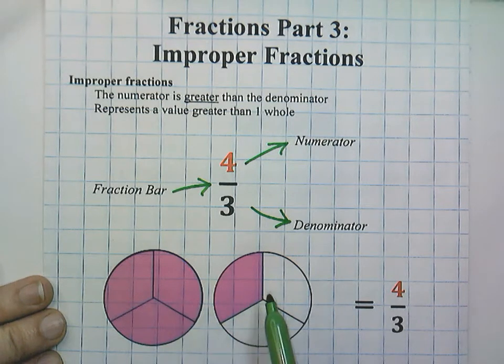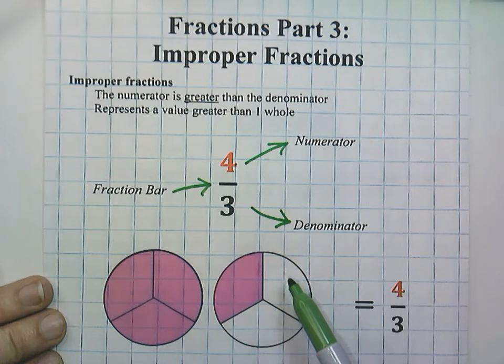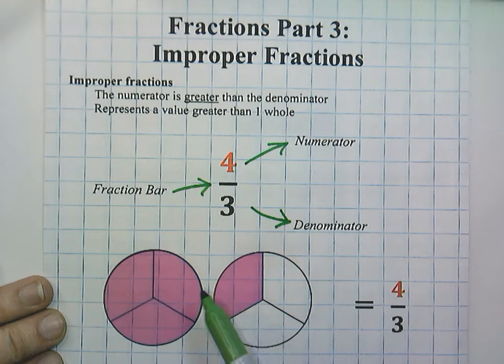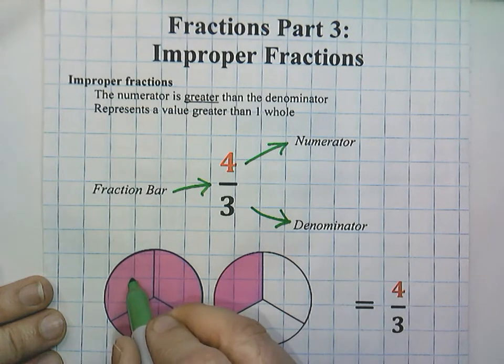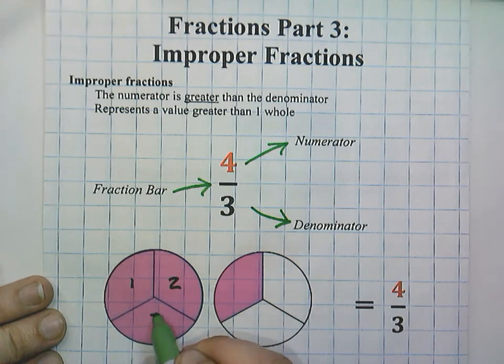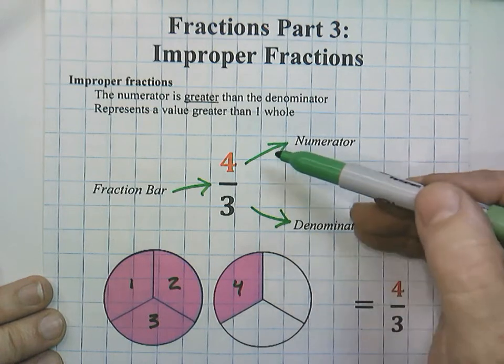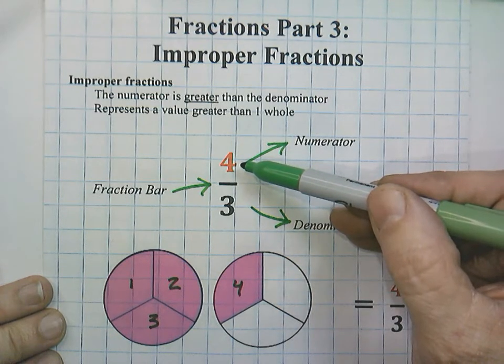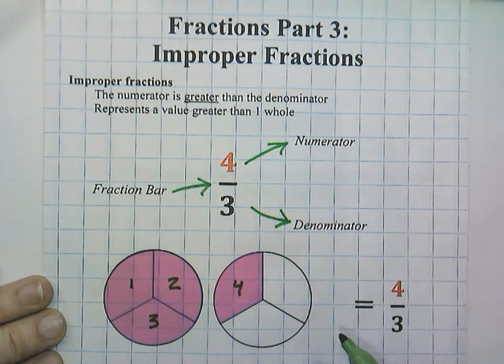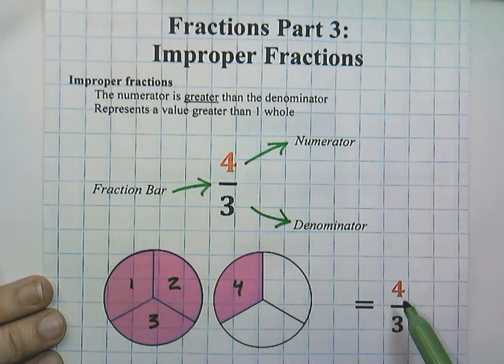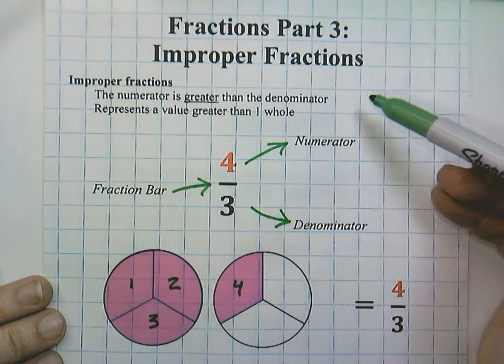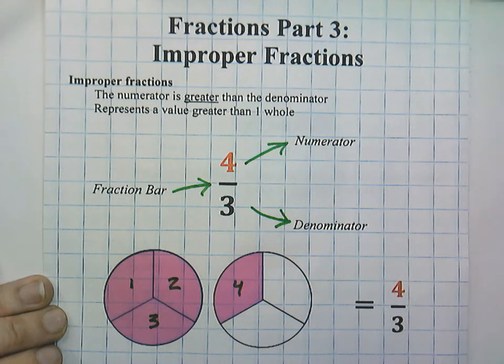If you had 2 pizzas divided into 3 slices each, and you ate 4 slices out of those 2 pizzas, that's what we mean by our numerator here of the 4/3. So this fraction represents 4/3, and it's called an improper fraction.